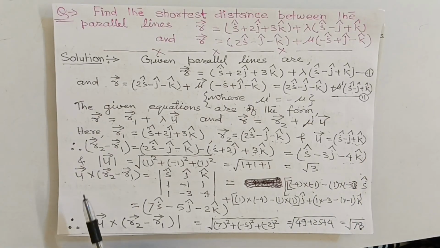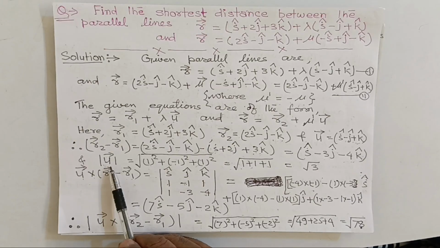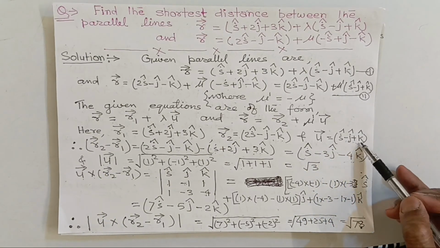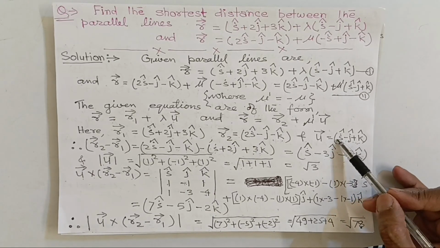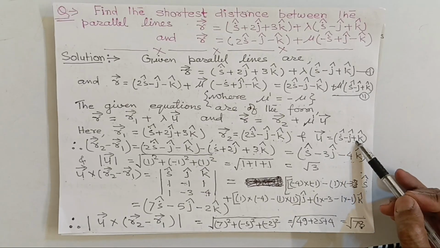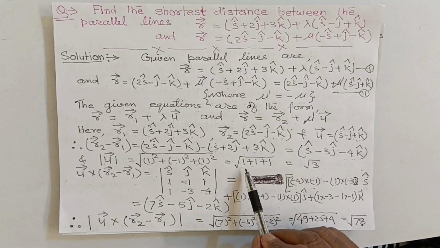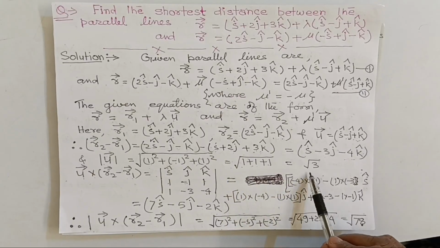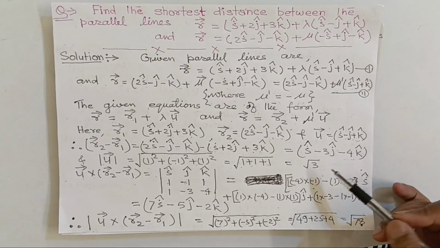And mod u, where u is i minus j plus k, is equal to the square root of 1 squared plus (minus 1) squared plus 1 squared, that is the square root of 1 plus 1 plus 1, square root 3. Mod u is equal to square root 3.